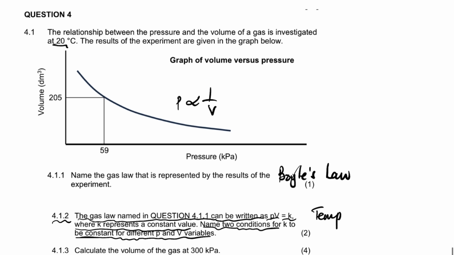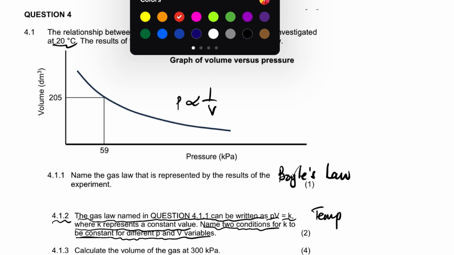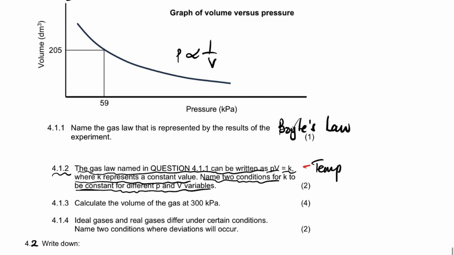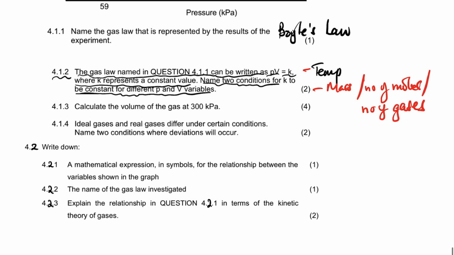They told us the temperature here, it's 20 degrees, which is constant. And the second thing will be the mass, or you can say the number of moles of gas. You need to be sure here: it's temperature and number of moles.